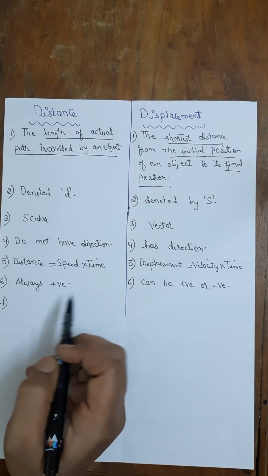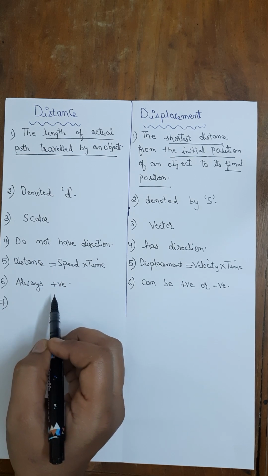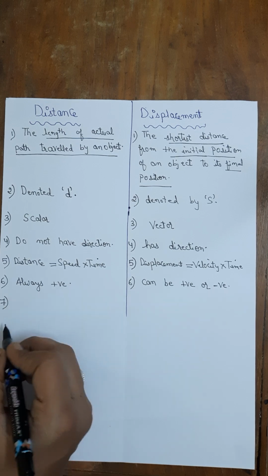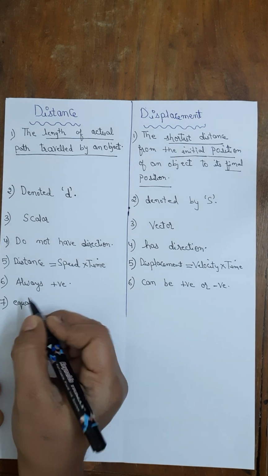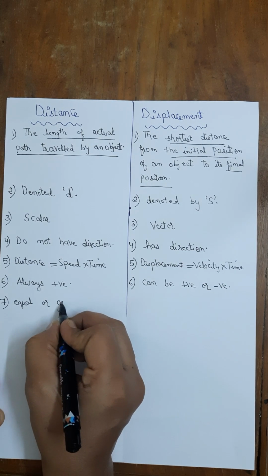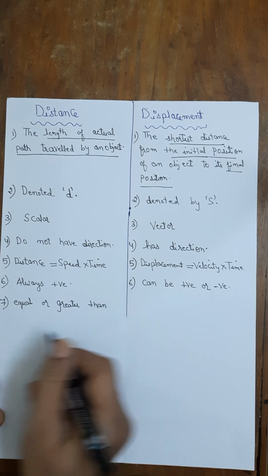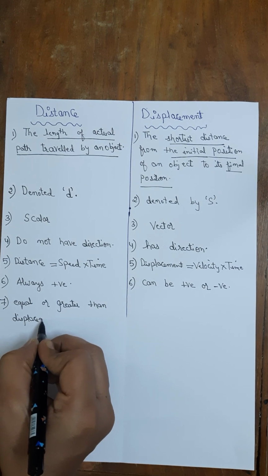Okay, here one more point, last point you can add it as distance is equal to or greater than displacement. This point you can note down over here. Distance is equal or greater than displacement.